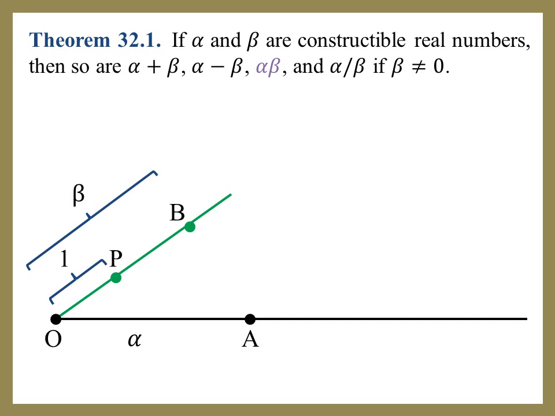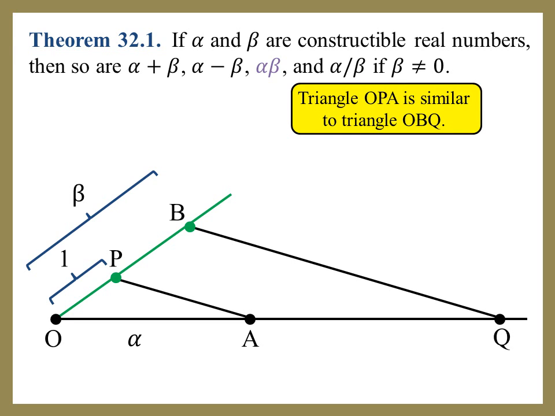For the sake of illustration, we assume beta is greater than 1. Connect point P and point A. Draw a parallel to line PA through point B, which can be done by Theorem 4. Denote the intersection of this new line with the extended original line segment as Q. Now, triangle OPA is similar to triangle OBQ.